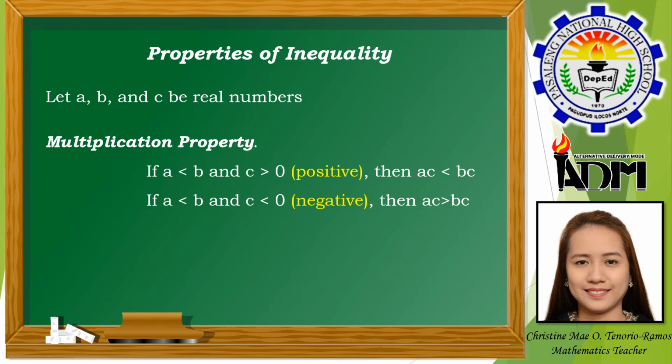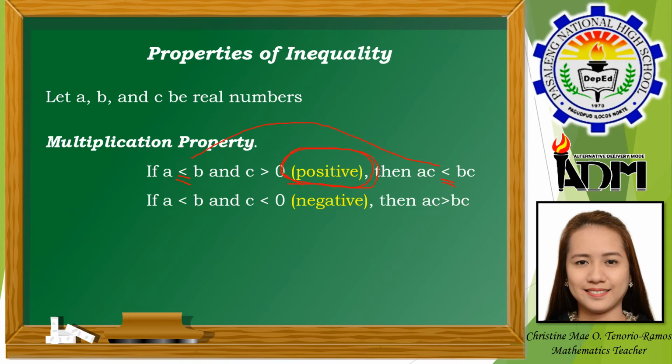First, okay, if positive, C is greater than 0, or positive yung imo-multiply mo, magre-remain yung direction ng inequality symbol. Yan. Kung anong ginamit mo dito sa original, yun din ang kalalabasan sa result ng solution mo.